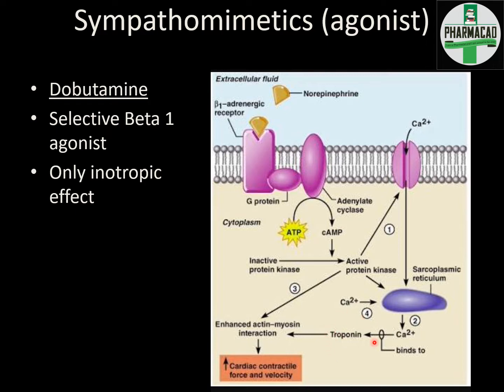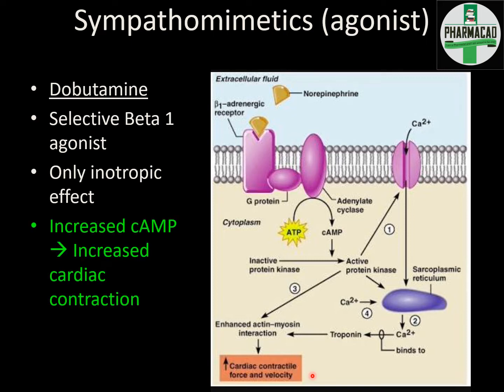So troponin is activated, which further increases actin-myosin interaction, and that's why there is more contraction in the cardiac cells. So the key thing we need to remember is beta 1 agonist is increasing cAMP levels in the cell, which is increasing cardiac contraction.